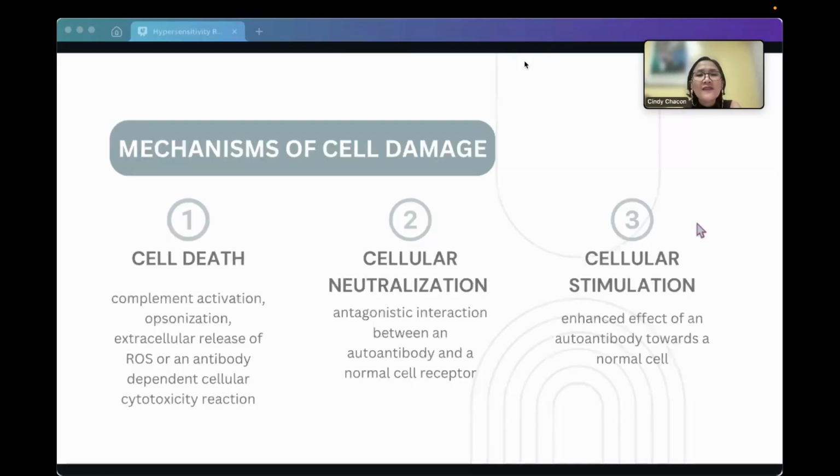In Graves' disease, the antibodies stimulate your TSH receptors on thyroid cells, which causes them to produce excessive thyroid hormones. So in short, in type 2 hypersensitivity reactions, antibodies lead to the killing of cells, paralyze their function, or push them into dangerous overactivity, overstimulation.